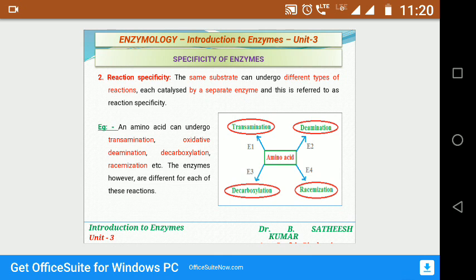Suppose one amino acid is there, it may undergo a transamination or deamination, a decarboxylation reaction or a racemization reaction. Each and every reaction requires a particular enzyme. So that is why these enzymes are reaction specific. All the enzymes are acting on the same amino acid, but each enzyme is catalyzing different reactions. So they are reaction specific.